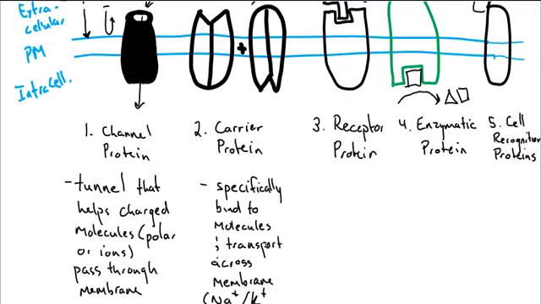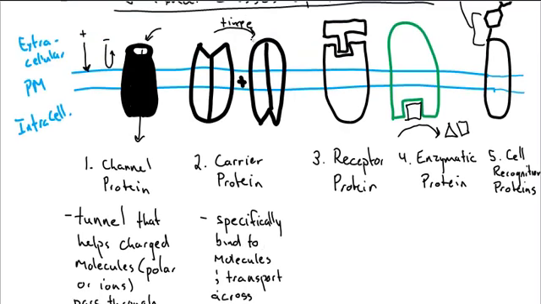What this picture up here is trying to show is that it will bind to something on the outside, cause the receptor to change its shape, and then essentially spit it back out on the inside. Why there's two of them: it's the same one, just changing over time.